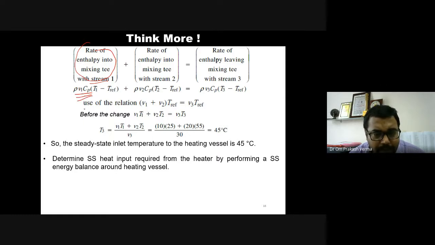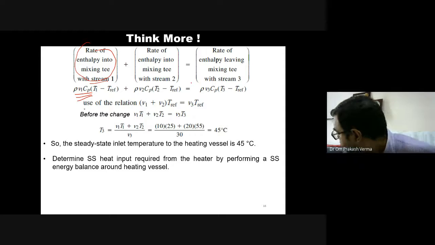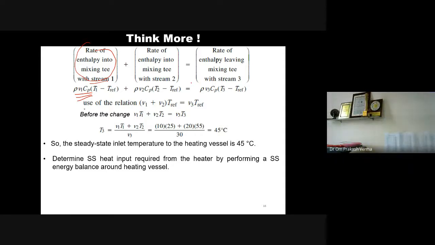Anyone can tell me? बताओ. What is this equation? बोल नहीं रहे सब.